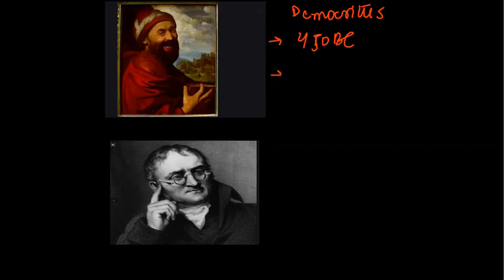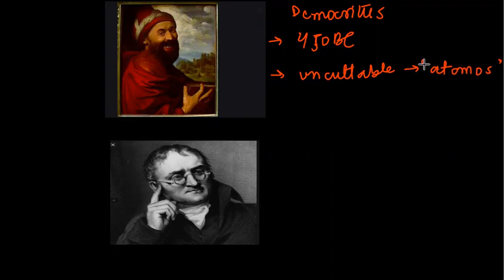That point he named uncuttable. Whatever thing you are cutting, a point must be reached where it cannot be divided further. That point Democritus named uncuttable, which was later known as atom.